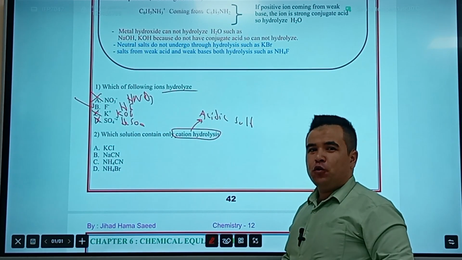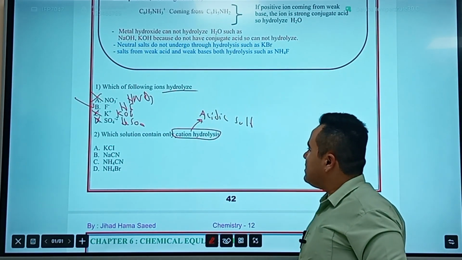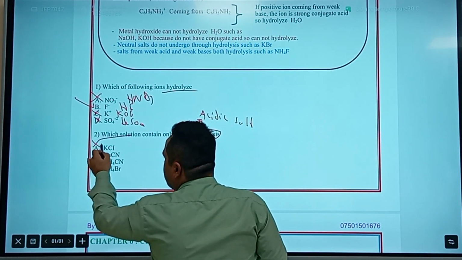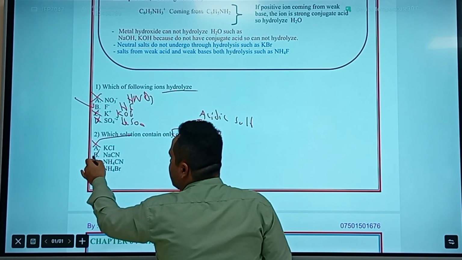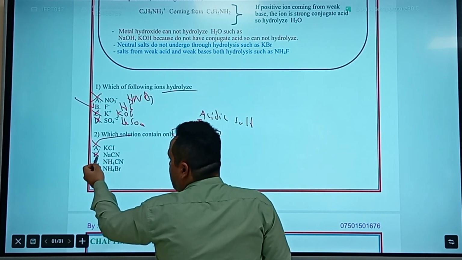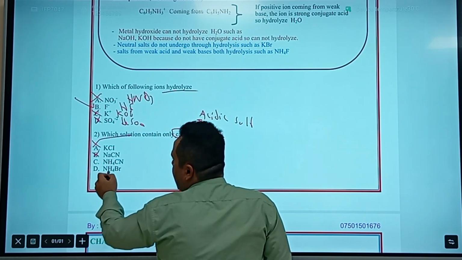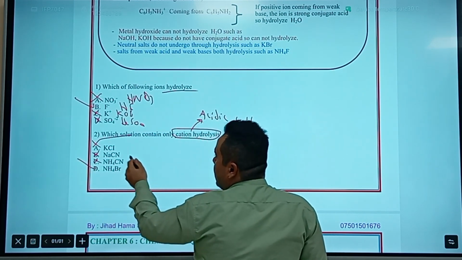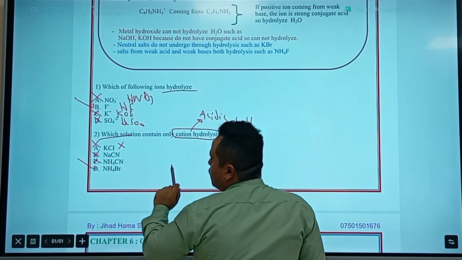If anion hydrolysis is required, choose the basic salt. Here, which one? KCl is neutral, NaCN is basic, NH4CN both hydrolyze, NH4Br is, guys, this does not undergo hydrolysis.